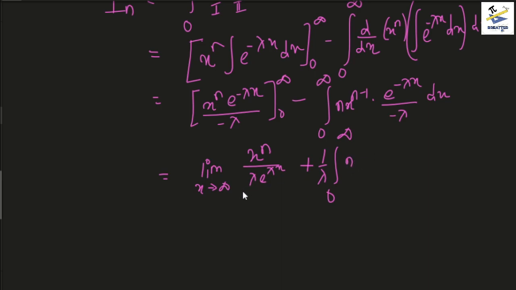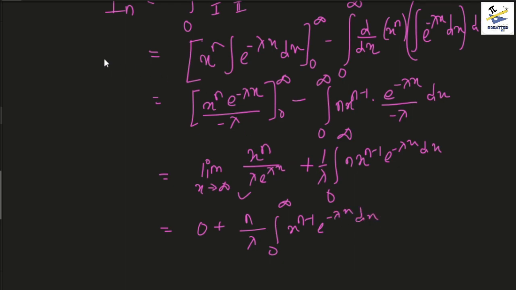So this part becomes a limit that we will show is equal to 0, and for this one we see n times x to the power n minus 1 e to the power minus lambda x dx. Now this boundary term would be 0, which we can show later, and it will be n by lambda times the integral from 0 to infinity of x to the power n minus 1 times e to the power minus lambda x dx.